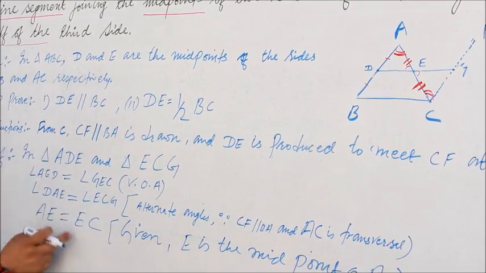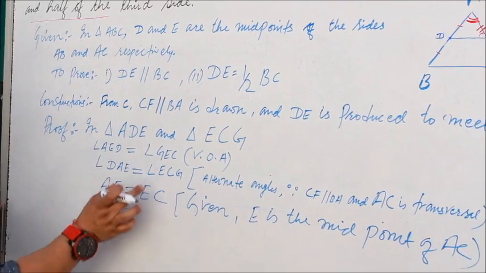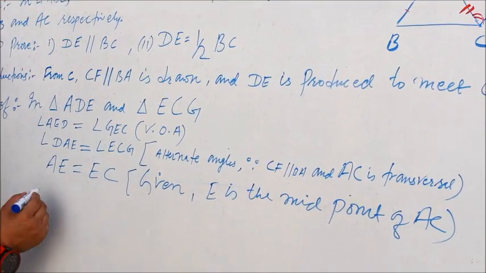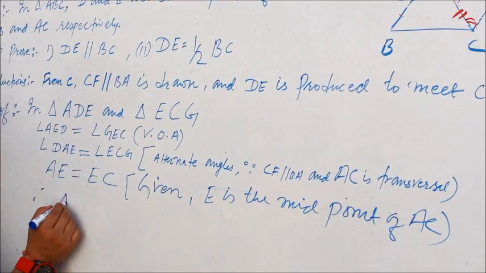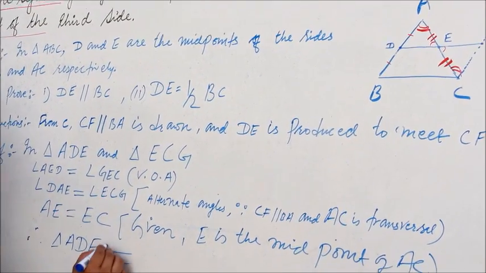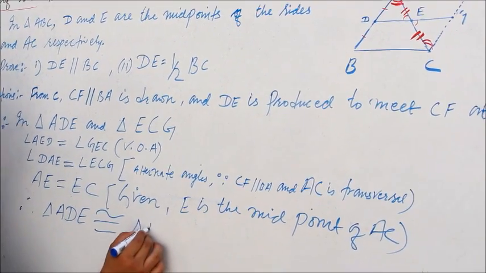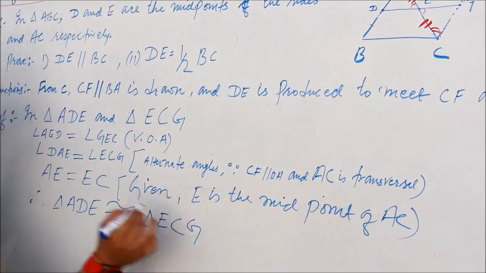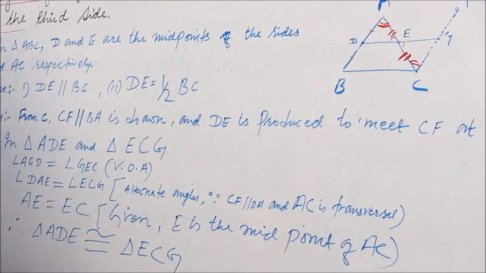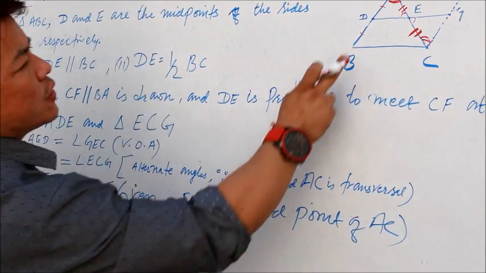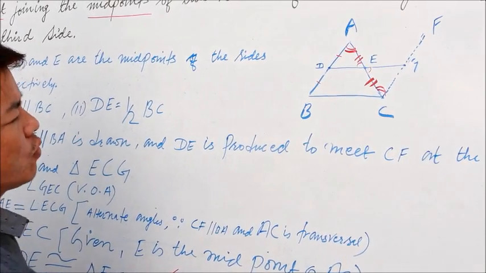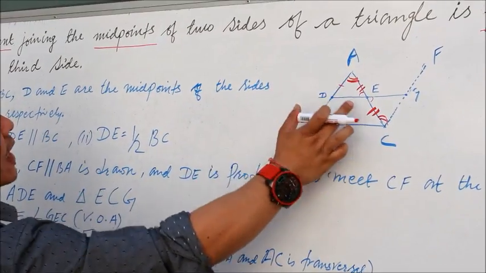So with these three properties, we can say that triangle ADE and ECG are congruent. Therefore, triangle ADE is congruent to triangle ECG. What is the reason for congruency? Two pairs of angles and one pair of sides are equal. So we can write angle side.